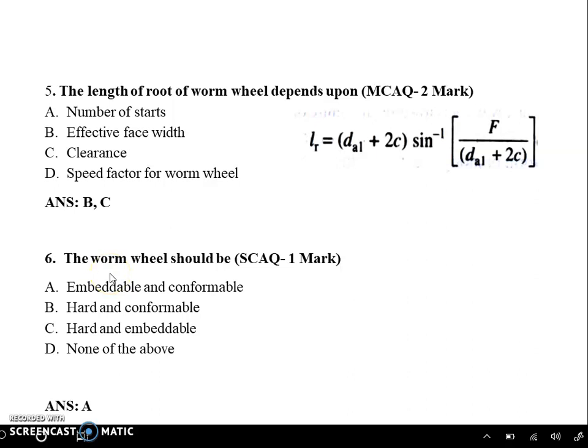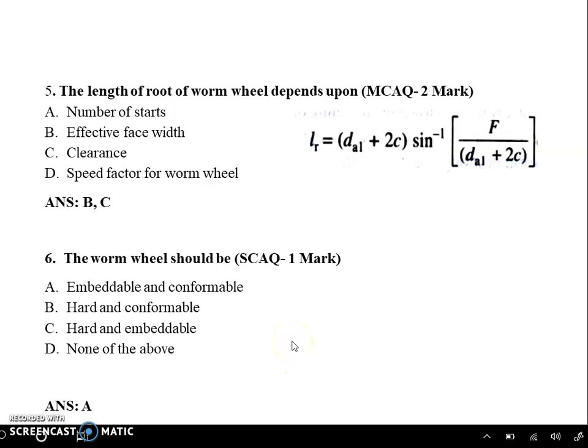Next, question 6. In that, the worm wheel should be. Four options are given to us: embeddable, conformable, hard and conformable, hard and embeddable, none of above. So embeddability and conformability.